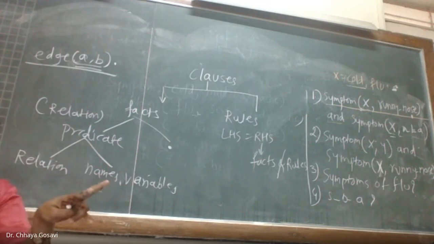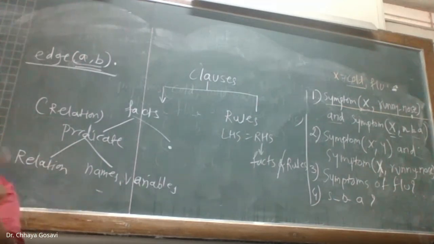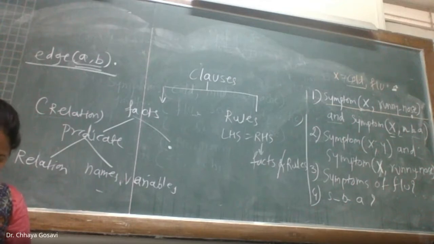The relationship is lecturer, and these are two objects, Varsha and computer. Suppose you have to write a fact for, say, Ram is father of Sham: father, Ram comma Sham. This is how you can convert simple statements into facts.